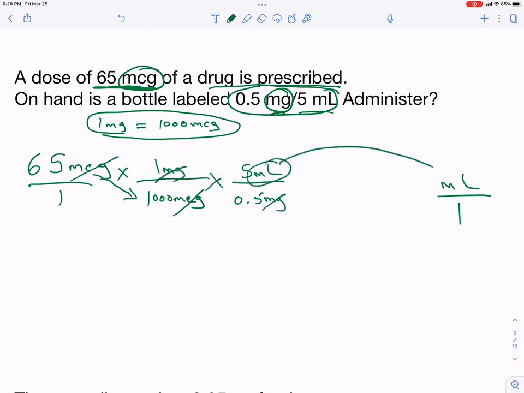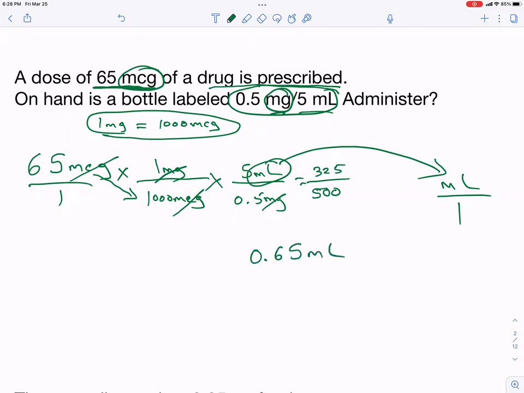And that leaves me with my wanted, exactly where I want to be. Now it's just math. So 65 times 1 times 5 is 325. And 1,000 times 0.5 is 500. When I divide 500 into 325, it gives me the answer I'm looking for, 0.65 milliliters.